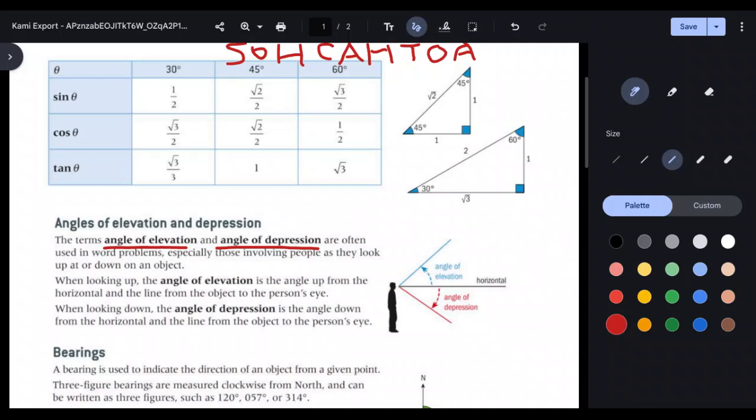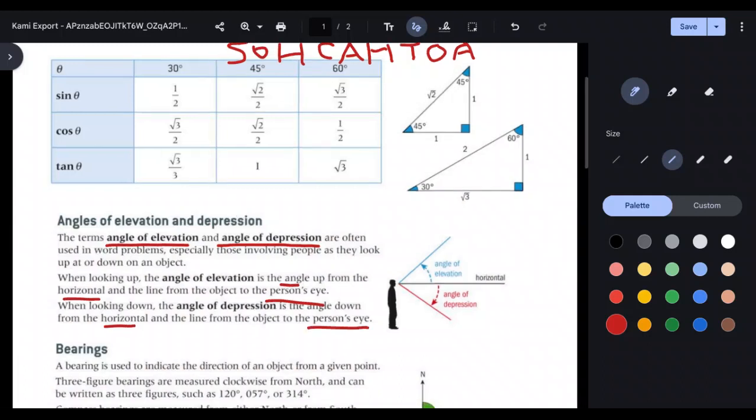When looking up, the angle of elevation is the angle up from the horizontal to the line from the object to the person's eye. When you're looking down, that's the angle of depression, which is the angle down from the horizontal to the line from the object to the person's eye.